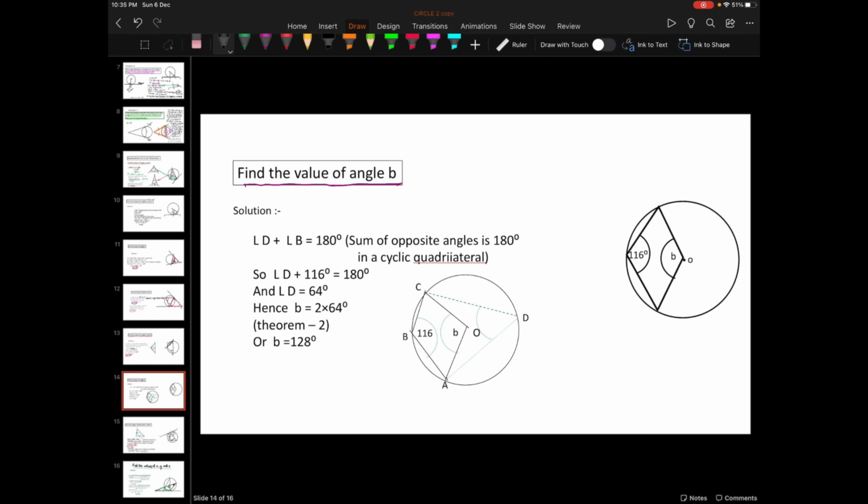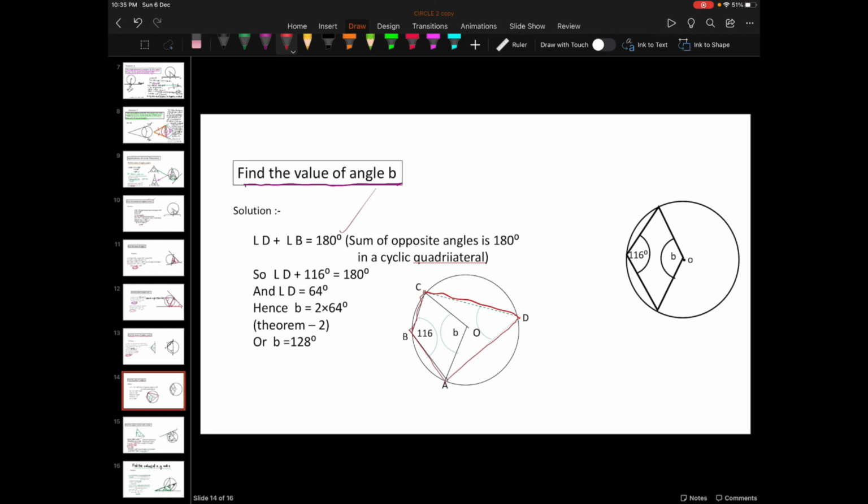Yes, now next question is find the value of angle B. To solve this problem, first of all, I will make a cyclic quadrilateral ABCD. We already know that the sum of opposite angles in a cyclic quadrilateral is 180 degree.